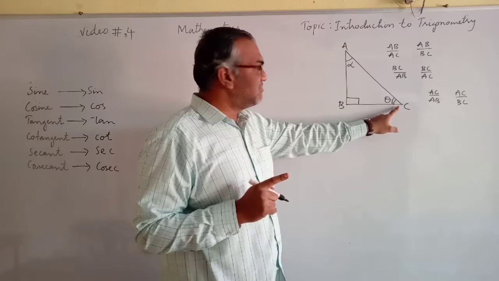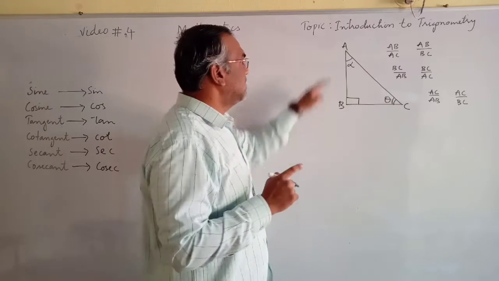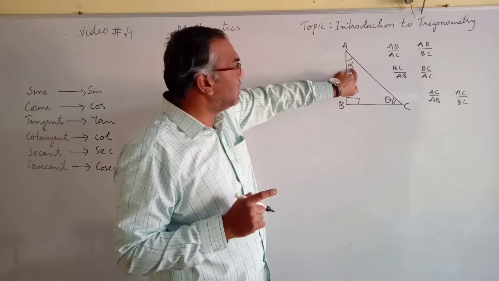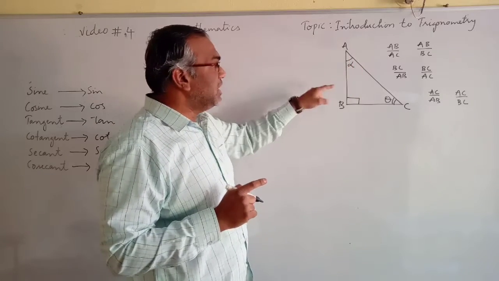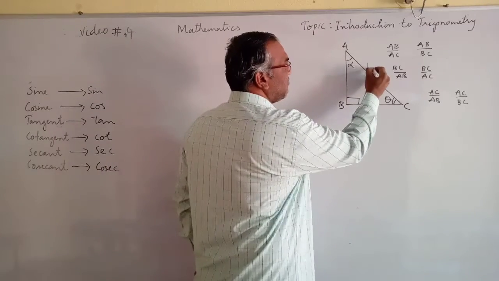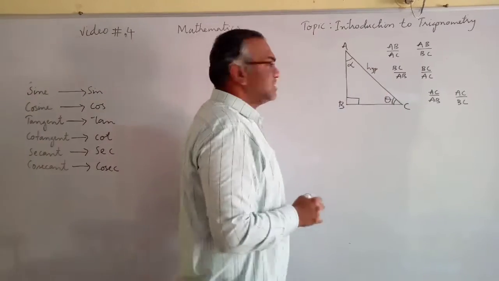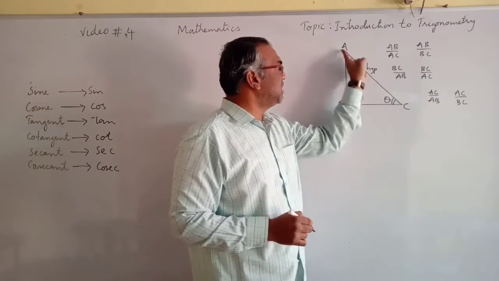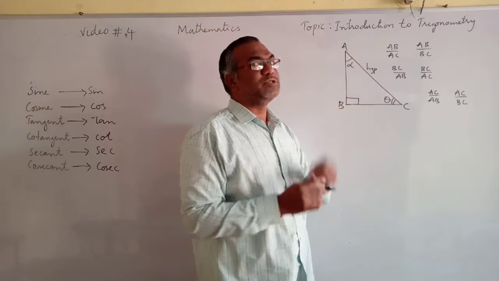Now, in a right triangle, remember that the hypotenuse is a fixed side. The side opposite to 90 degrees is always the hypotenuse.